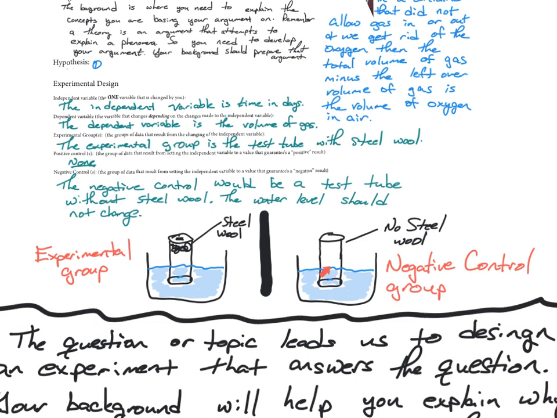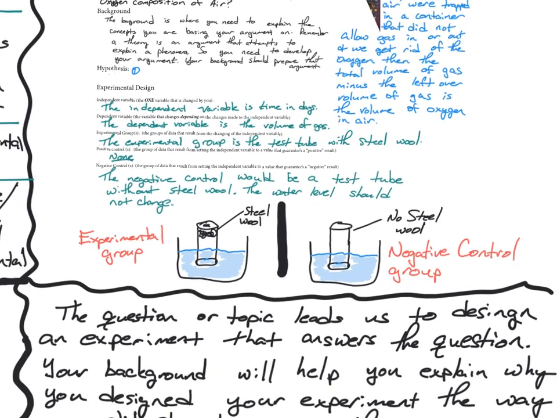If the water level here goes up by 5, but it goes up here by 10, then I know 5 centimeters of water change was due to some other impact, not the loss of oxygen. So you see, you can use this negative control as a comparison group to really filter out any other confounding factors that could give you false results.